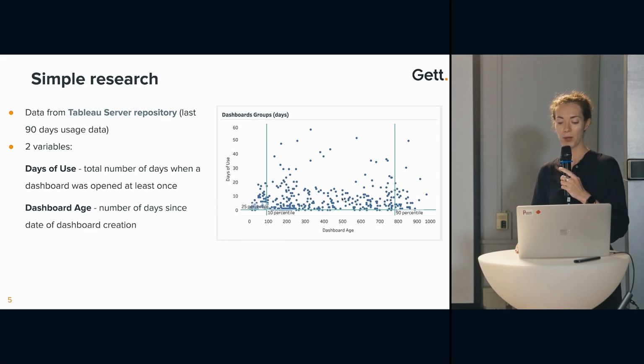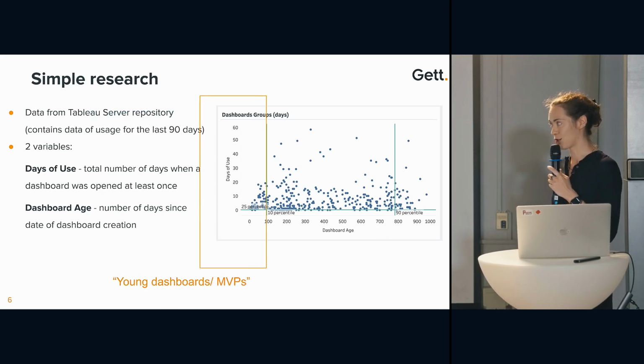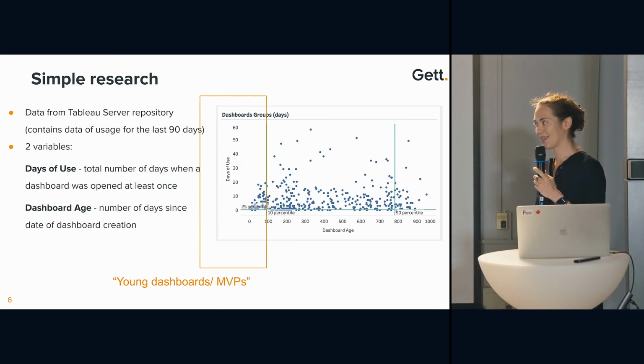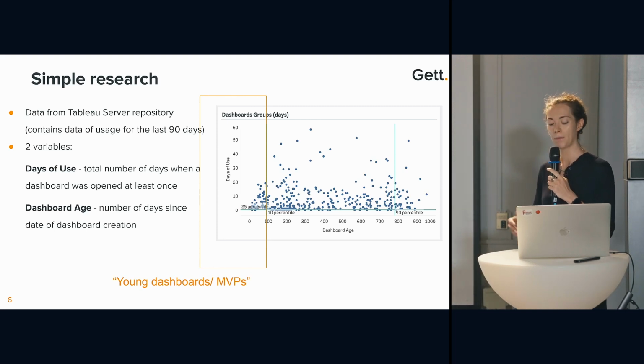First of all, we defined a group of young dashboards, or MVPs, because in reality, developers do not push a ready, pixel-perfect dashboard to production, and the dashboard becomes useful from the day of creation. In the majority of cases, they develop dashboards iteratively.